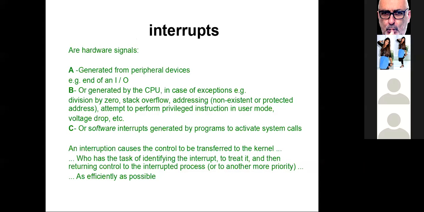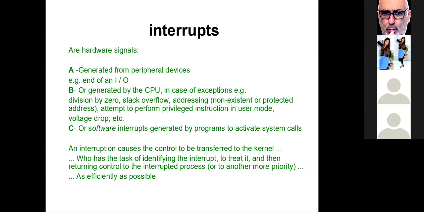So, what are interrupts? Hardware signals generated by peripheral devices, generated by the CPU in case of exceptions of any kind. Typical division by zero that any novice programmer finds sometimes, but maybe any kind of error.